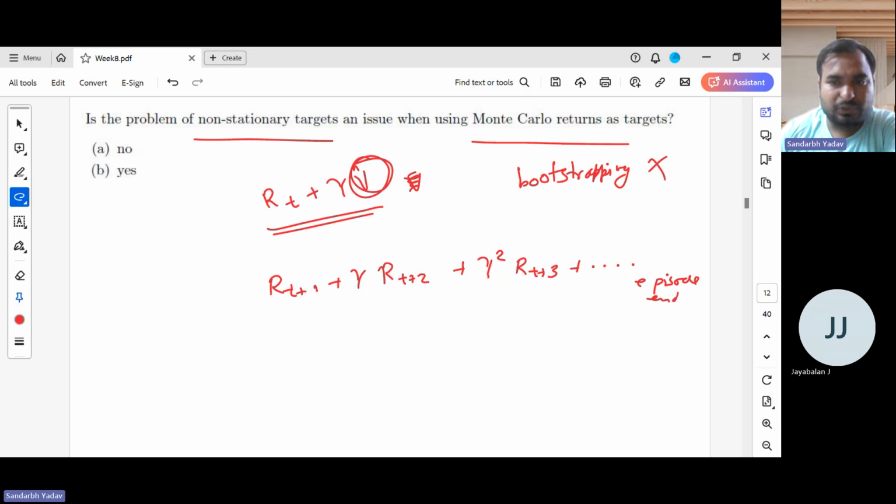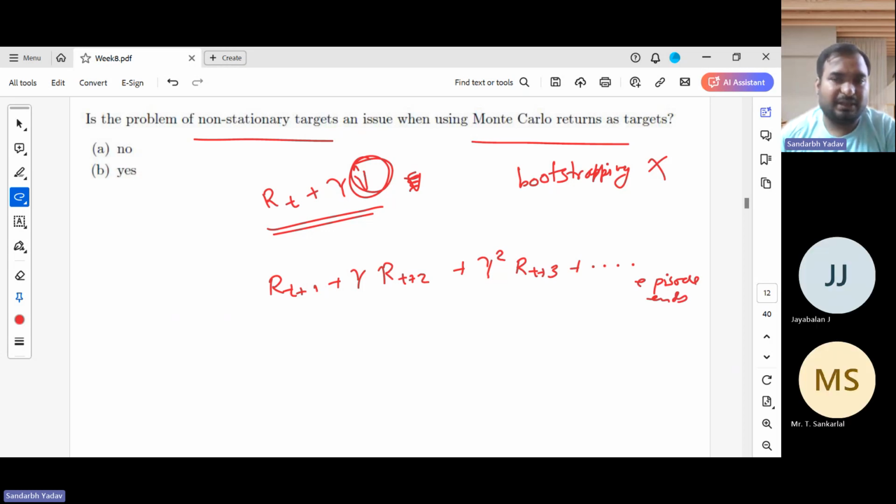So there is no bootstrapping here, and the targets are kind of stationary. These won't change, because we are not having some value function or Q value function here which will keep on incrementally changing. Since the targets are fixed, Monte Carlo returns don't face this issue.